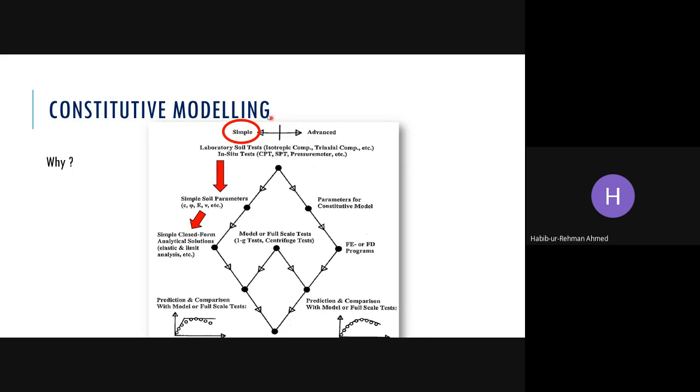So all the simple models will follow this line, but the advanced models we require all these complex type of tests like isotropic compression, triaxial compression, etc. And the parameters I'll show you later on, the highly complex parameters, and number of parameters may reach 20, 30 sometimes for a very complex type of constitutive model. And finally we will use them in finite element modeling.